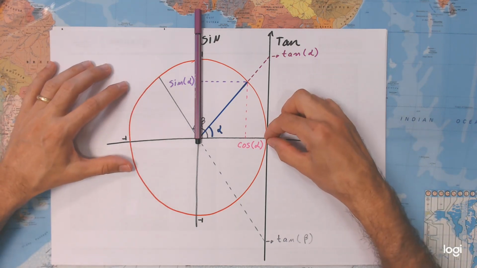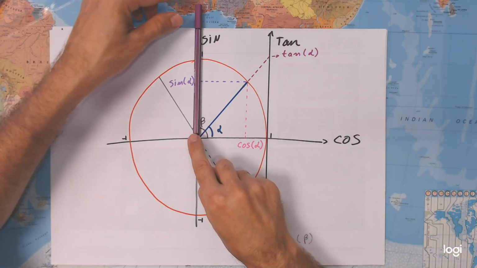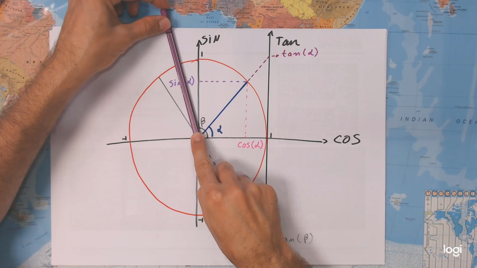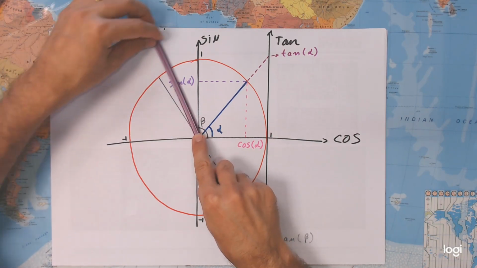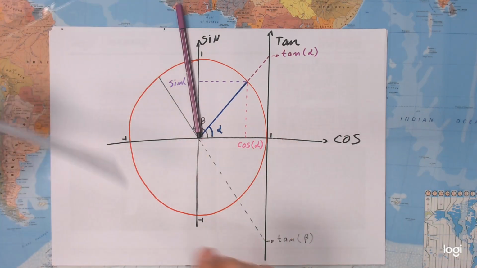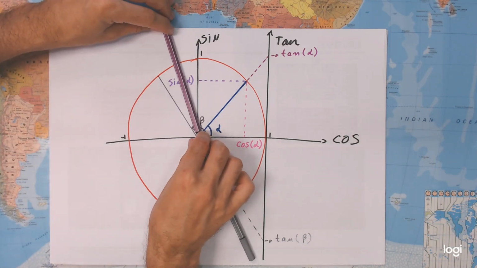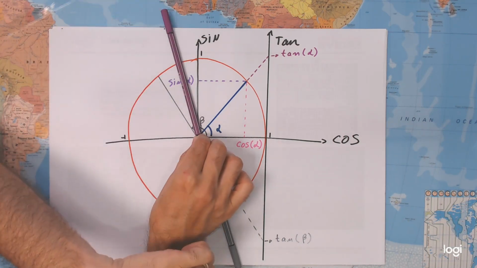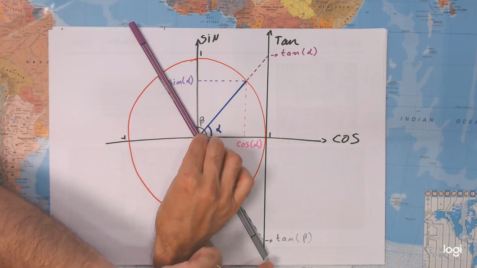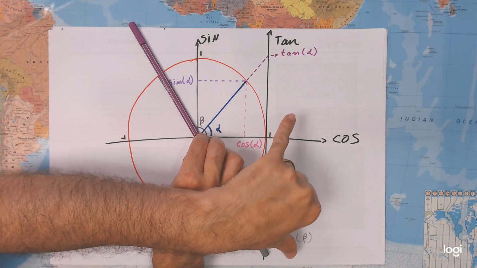We are just increasing. Now, from 90 degrees to 180, look, this is the continuation, okay? This is a tangent in here, can you see? This portion in here.